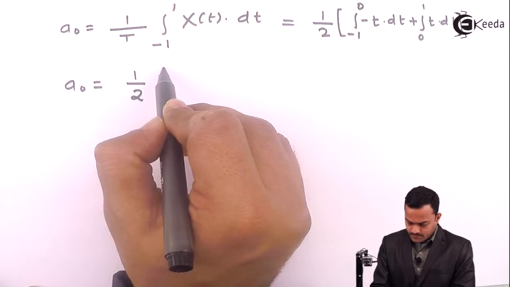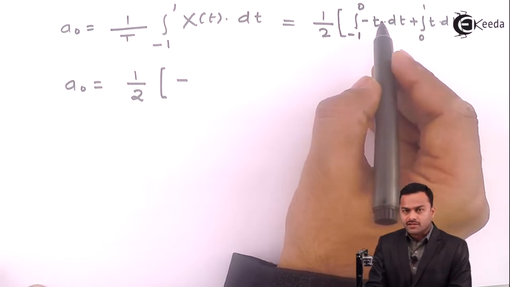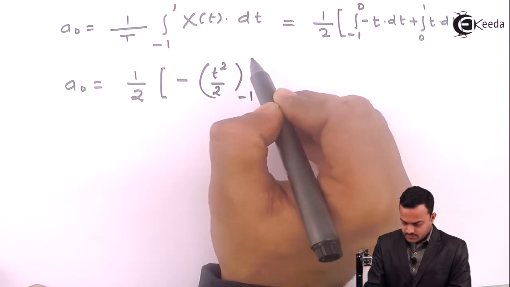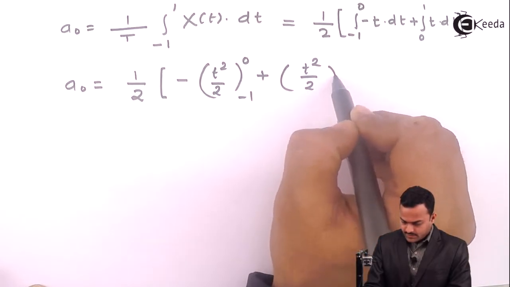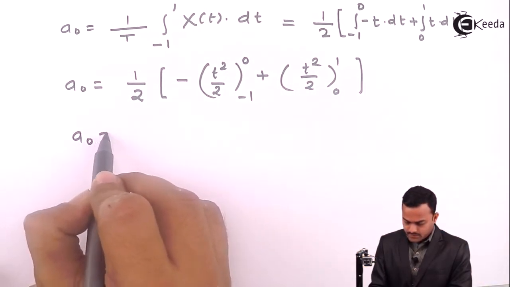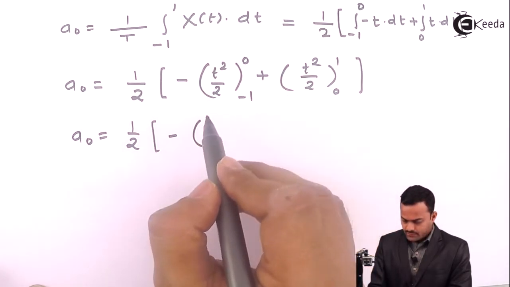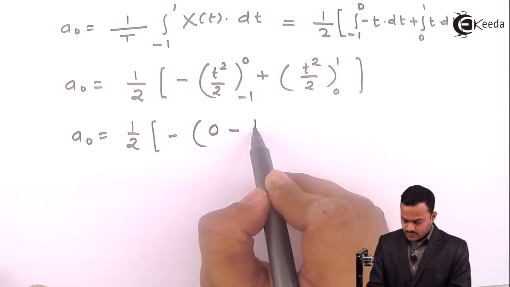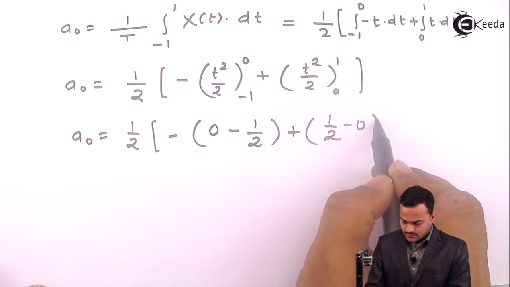So a0 I will get 1 by 2 in bracket minus I have taken common, and integration of t is t square by 2. Limits are minus 1 to 0 plus, once again it's t square by 2. Limits this time from 0 to 1. So if I apply, I will get 1 by 2 minus 0, minus minus 1 square, it's 1, so it's 1 by 2, over here 1 by 2 minus 0.